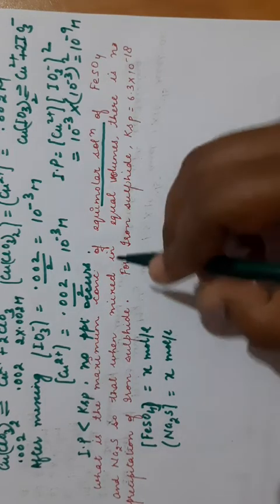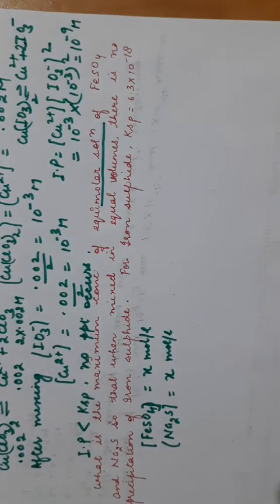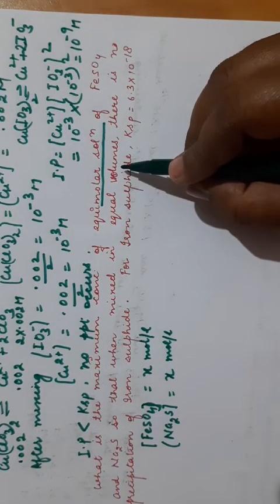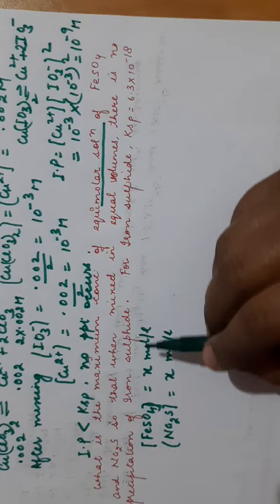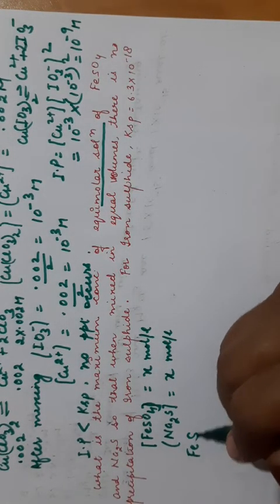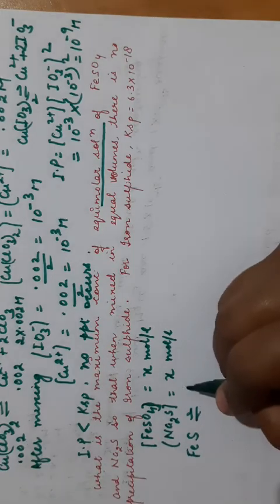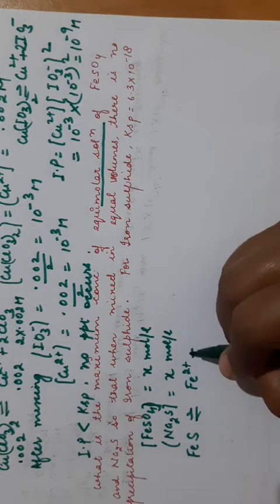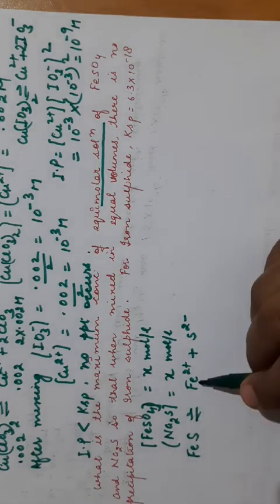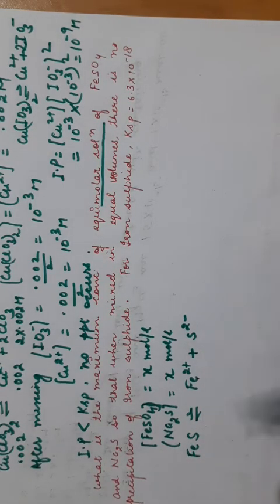Clear? What is the maximum concentration of the equimolar solution of FeSO4 and Na2S so that when mixed in equal volumes, there is no precipitation of iron sulfide? So for iron sulfide, you have to check FeS, Fe2 plus, S2 minus.